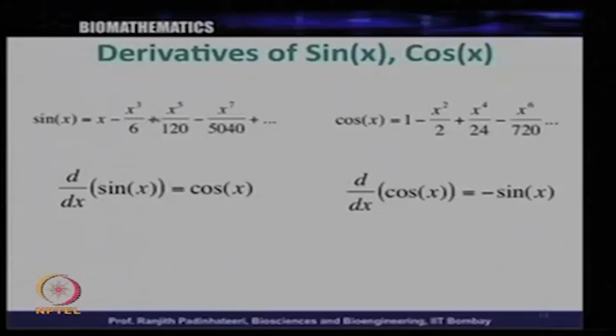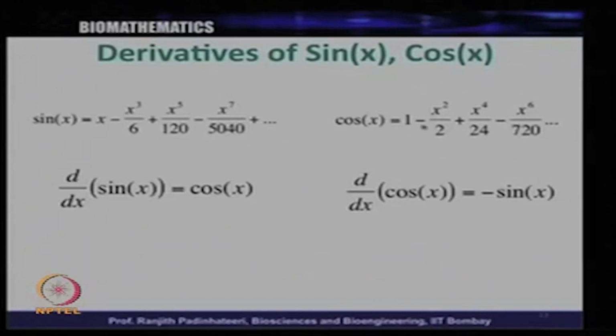So, as you see here, last time we had seen this, the functions sin x and cos x are periodic functions, and they can also be written as a sum of a series of x, x square, x cube, etc. So, basically sin x is x minus x cube by 6 plus x power 5 by 120 minus x power 7 by 5040 plus so on and so forth.